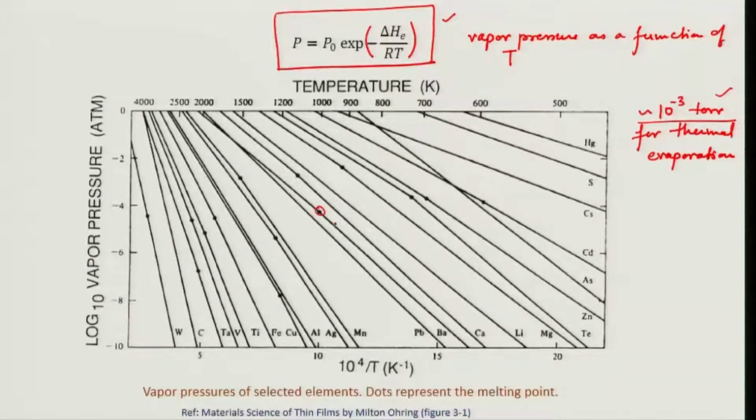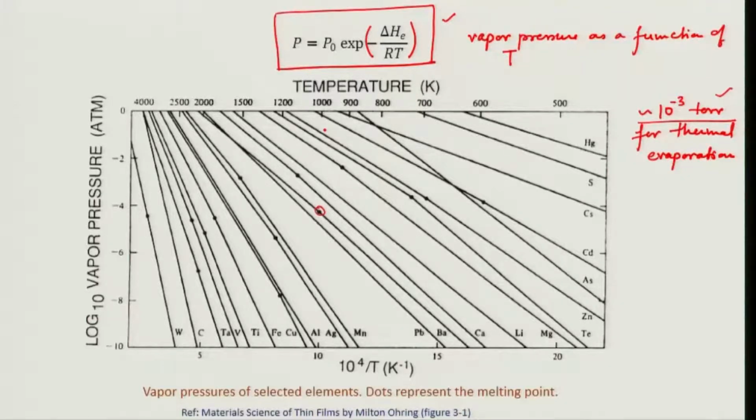You can see these dots represent the melting point and these straight lines denote the pressure with temperature. So, from these curves you can determine whether you will get 10 to the power minus 3 torr or above of vapor pressure for a given temperature, and then you can determine what temperature you should use to deposit these materials.